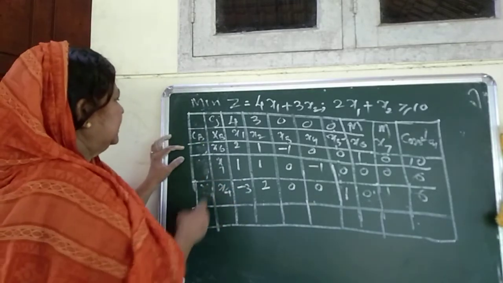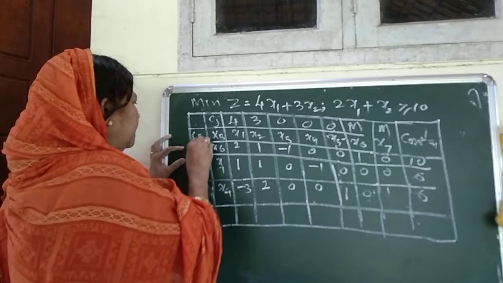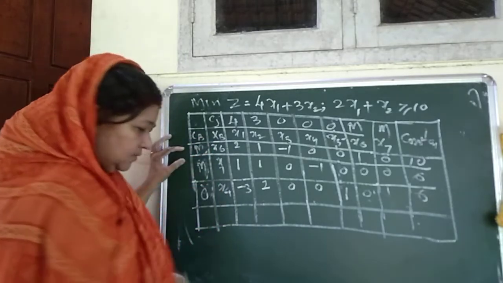Then here CB: it is x6, it is M; x7 also M; x4 it is 0.